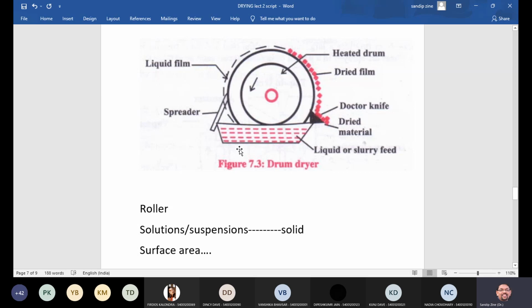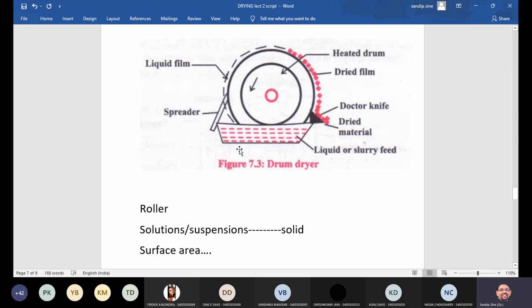So if you see the overall setup in this diagram, this is not a three-dimensional diagram, but you can see that this drum is partially dipped in this liquid or slurry feed.